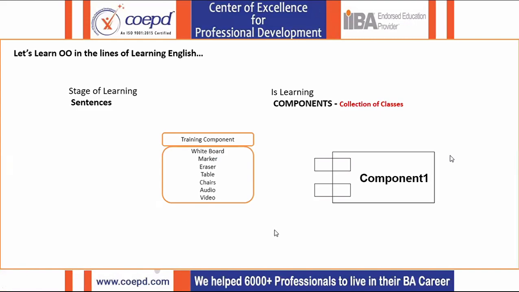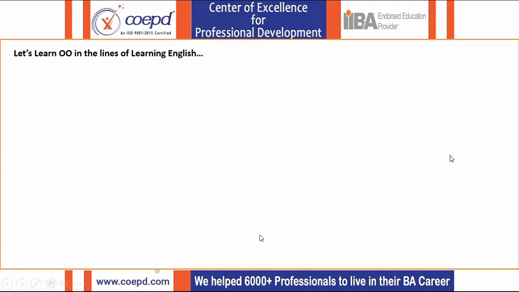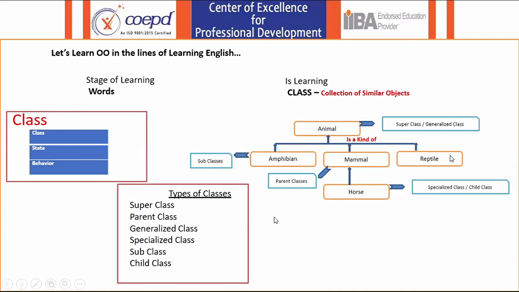Now, after learning sentences, what do we learn? Yes, Sandeep, you have some doubt. Yes, sir. From the last slide, what is the meaning of state and behavior? Meaning of state and behavior in technical language. You told that whatever diagram is non-technical.